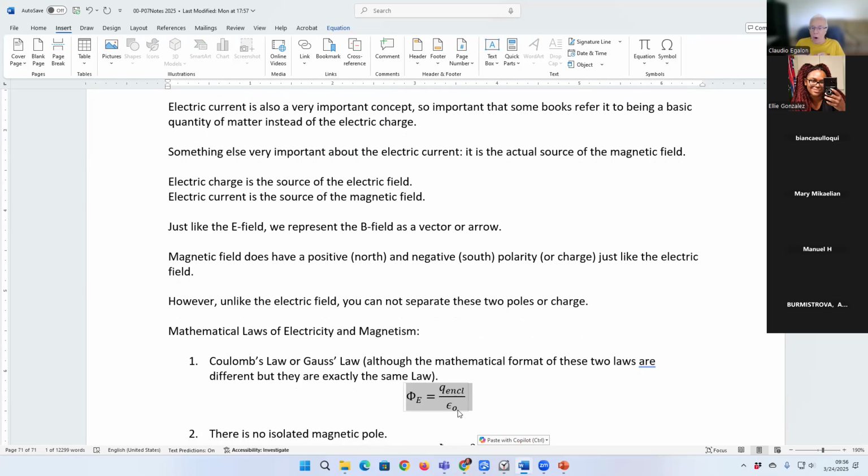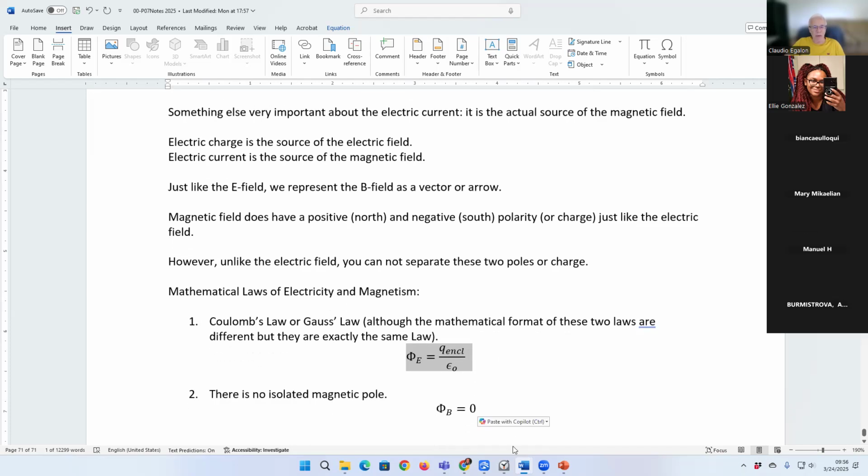Now, because there is no isolated magnetic pole, because we cannot separate a positive pole from a negative pole, the corresponding equation for the magnetic field is going to be slightly different. What's the difference here?